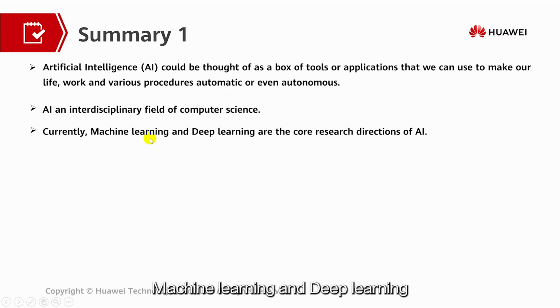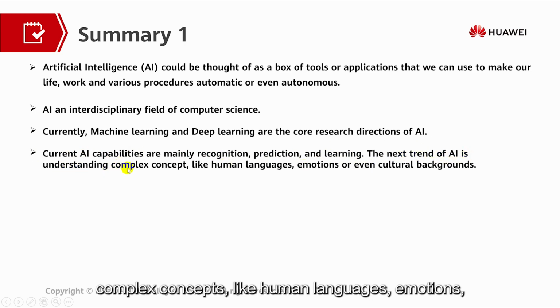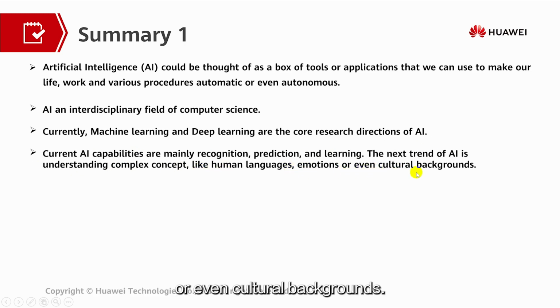Currently, machine learning and deep learning are the core research directions of AI. Current AI capabilities are mainly recognition, prediction, and learning. The next trend of AI is understanding complex concepts like human languages, emotions, or even cultural backgrounds.